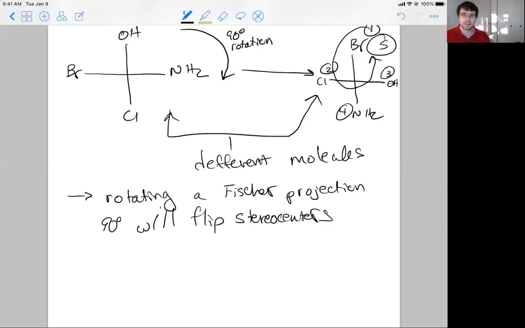What I did by rotating it 90 degrees was the equivalent of taking a stereocenter in a bond line format and switching it from a wedge to a bromine to a dash to a bromine, or a wedge to a hydrogen to a dash to a hydrogen.